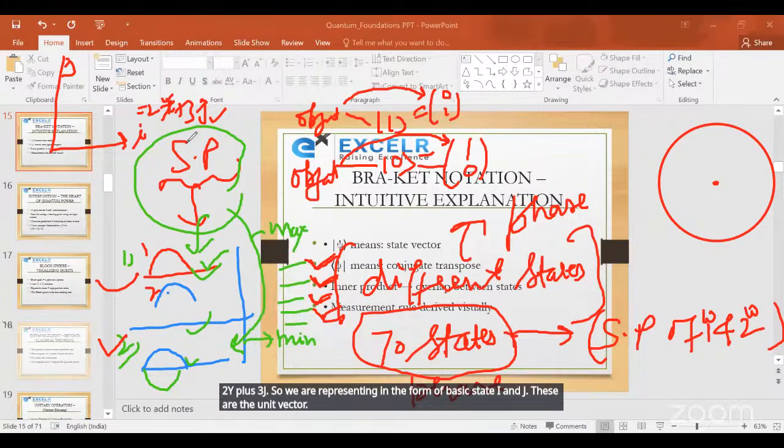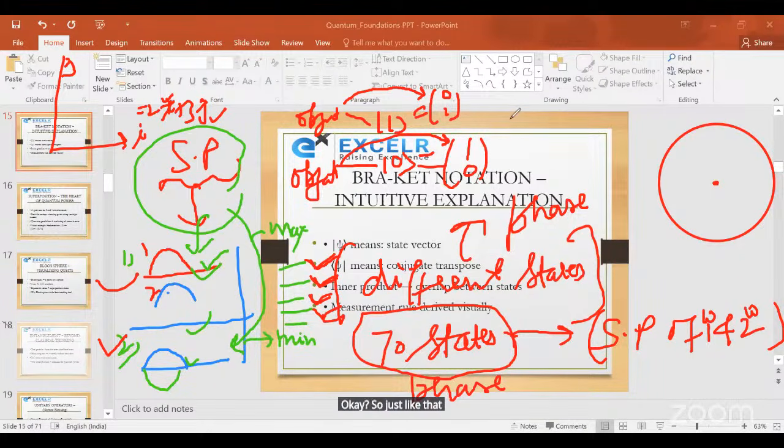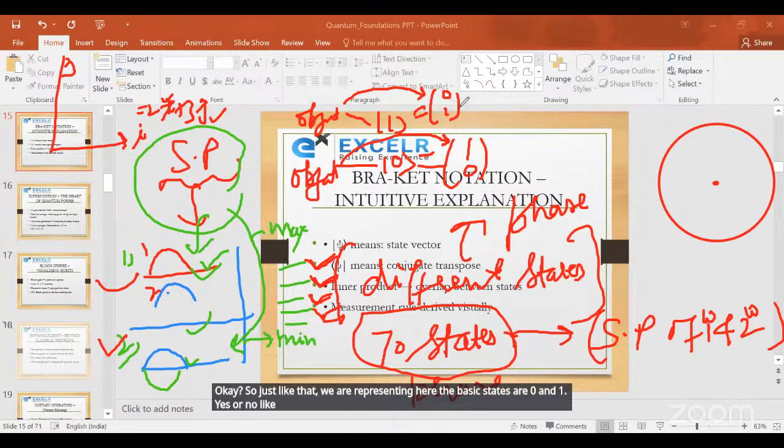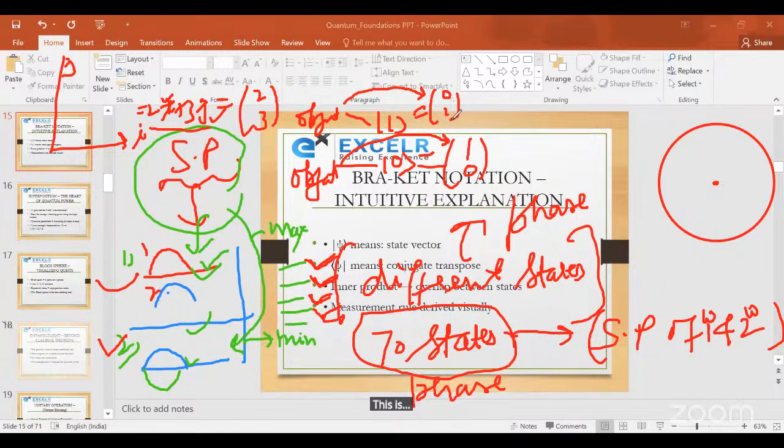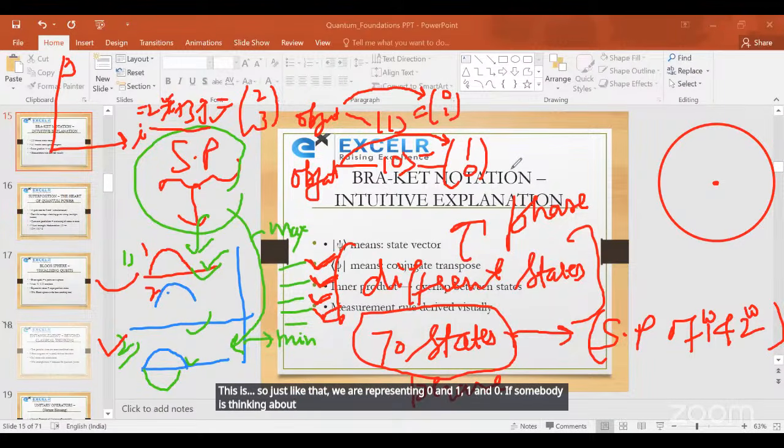We can represent 2i plus 3j as a column matrix, 2 and 3. Just like that, we represent 0 and 1, 1 and 0. If somebody is wondering why 0 and 1 and 1 and 0, it is the same analogy.